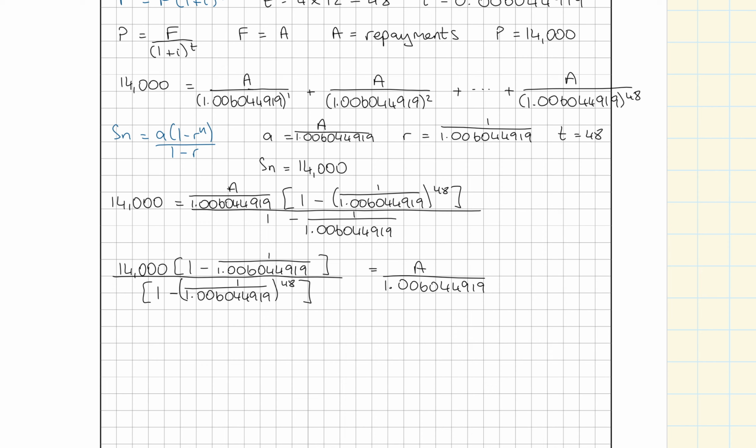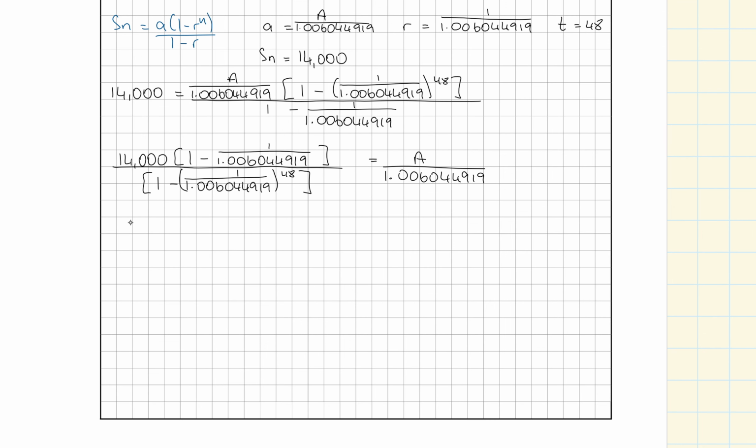Okay, so left hand side into the calculator, just careful putting it in, make sure you include all your brackets. You get 334.6368356 will equal A all over that.